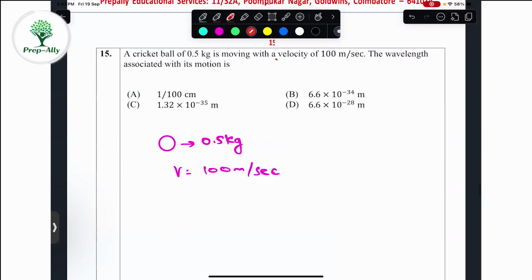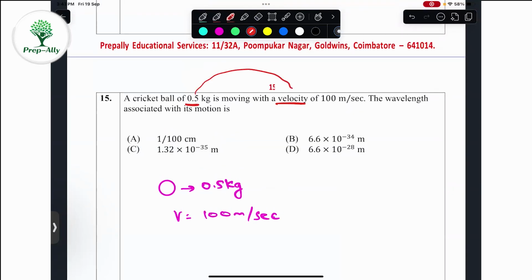So whenever they are talking about mass and velocity, what term has to be in your mind? Momentum, right? And if you are relating momentum and wavelength, what term should you know? De Broglie wavelength, De Broglie dual nature.